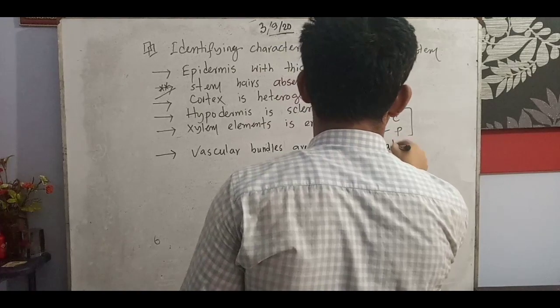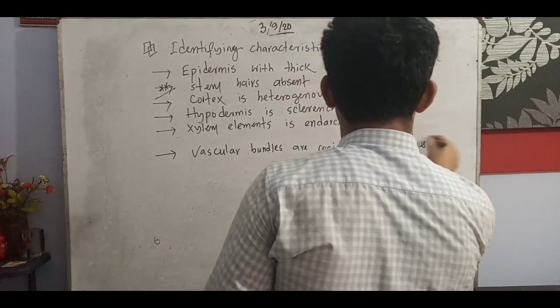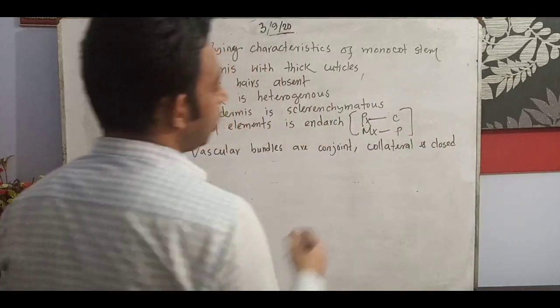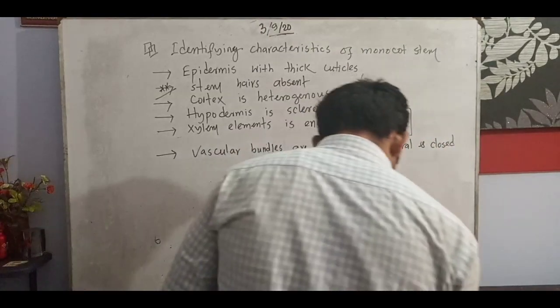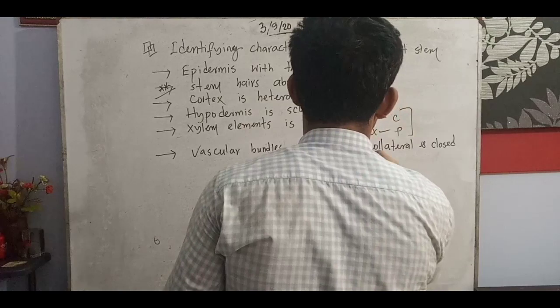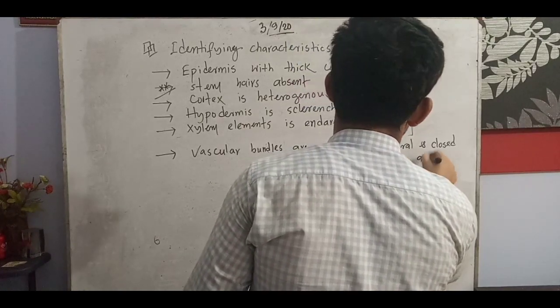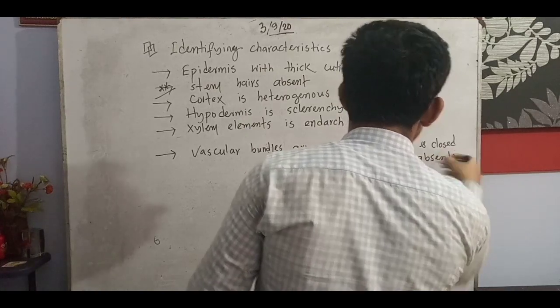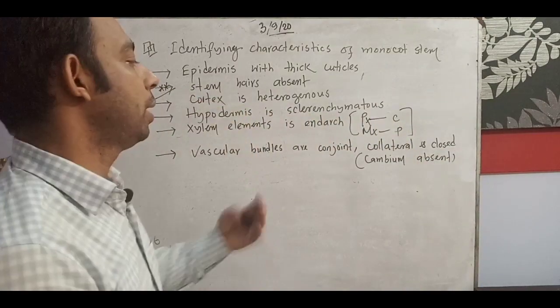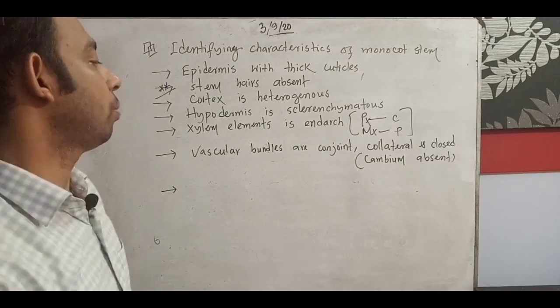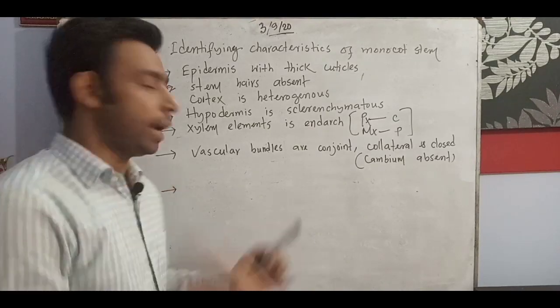I wrote the features yesterday too. Conjoined, collateral and closed, and there is no cambium, that means cambium is absent. It is also a very important feature.